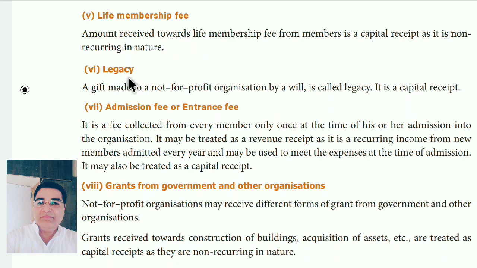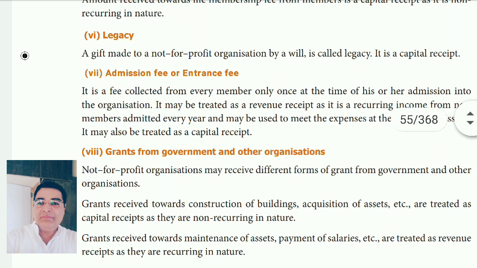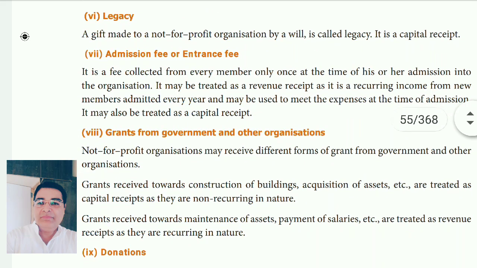Next, the third very short answer is legacy. What do you mean by legacy? A gift made to a not-for-profit organization by a will is called legacy. It is a capital receipt. One more line you have to write down here, so note it down in your book. It is shown on the liability side of the balance sheet.